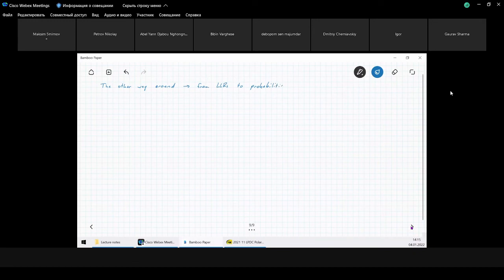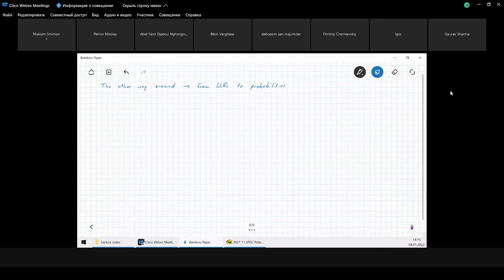For example, I want to know if I observe an LLR of like minus 5.8, what's the probability that a minus 1 was transmitted? And somehow it should be like 99 point something percent. So I want to close this link.